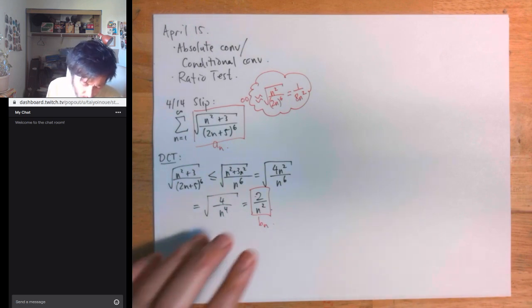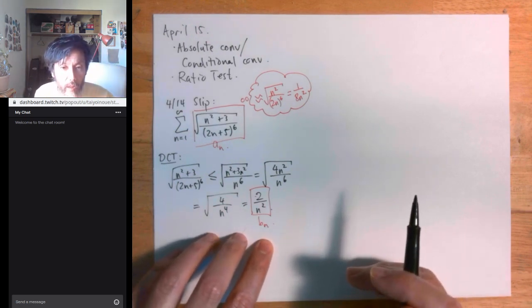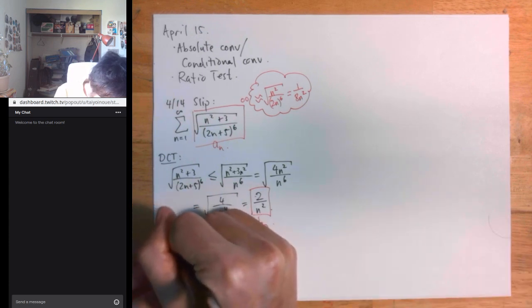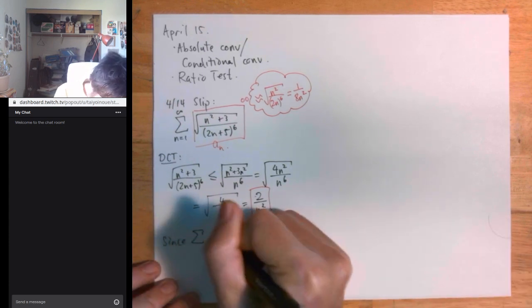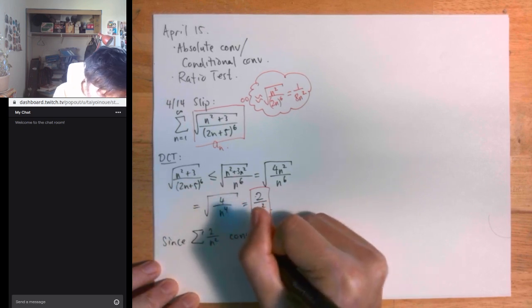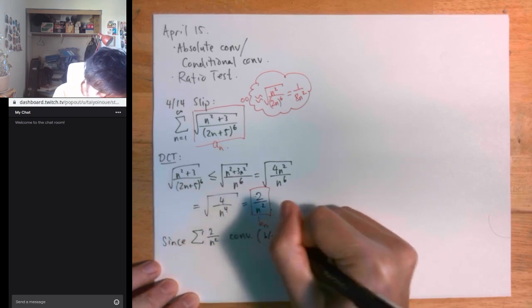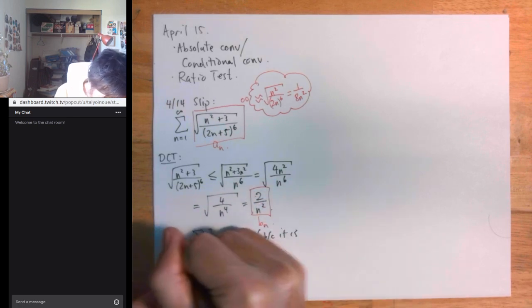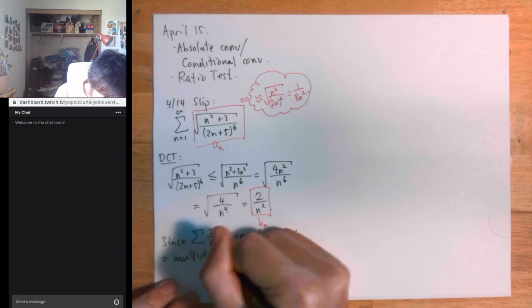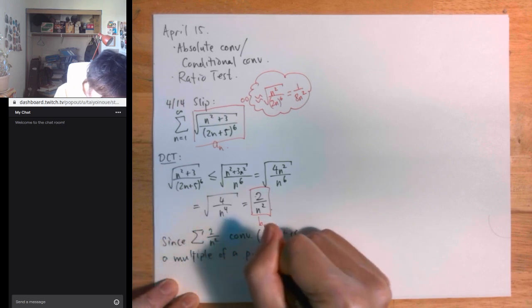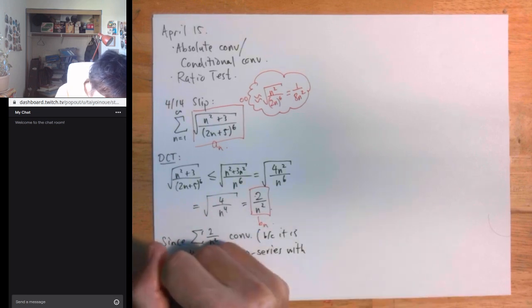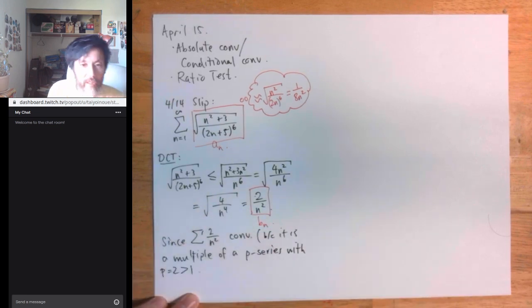So then we can conclude that since the sum of 2 over n squared converges. And why does it converge? Because it is a multiple of a p-series with p equal to 2, which is greater than 1, right?